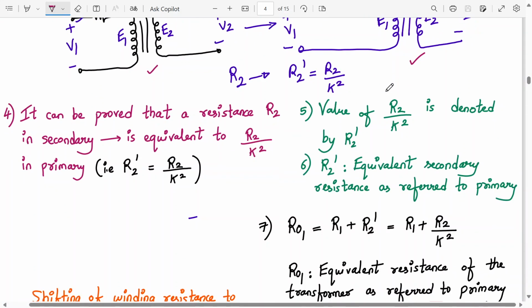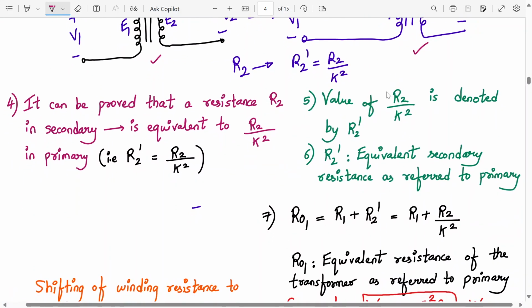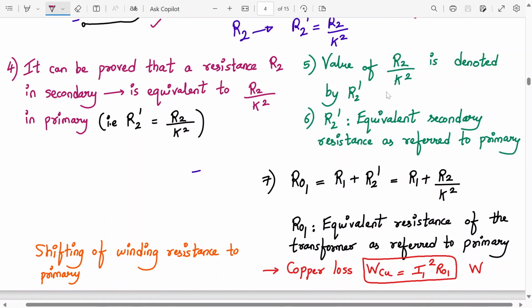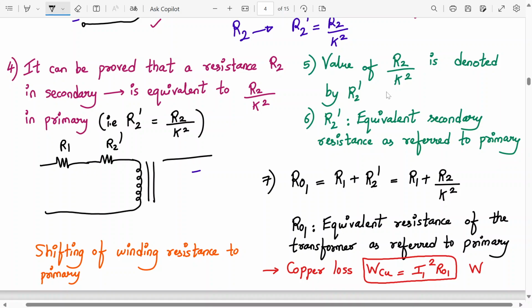So this is basically called shifting of winding resistance to the primary. Let me draw the diagram again. You don't draw it again, you just wait. So this is R1, this is R2 dash, and this is plus minus V2, E2, I2.